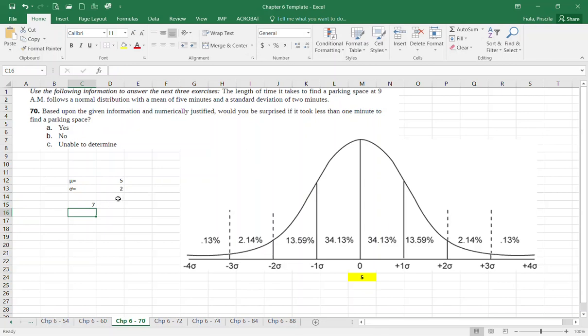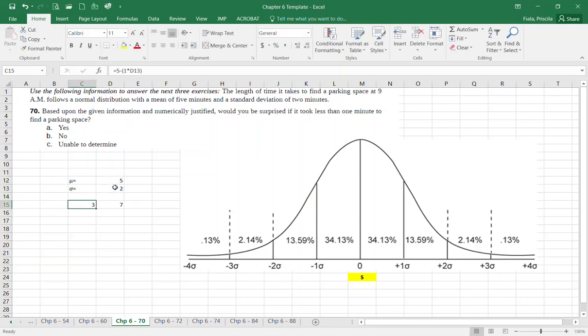And then below, let's put the positive on this side and negative on this side, we go the mean minus 1 times your standard deviation, okay?